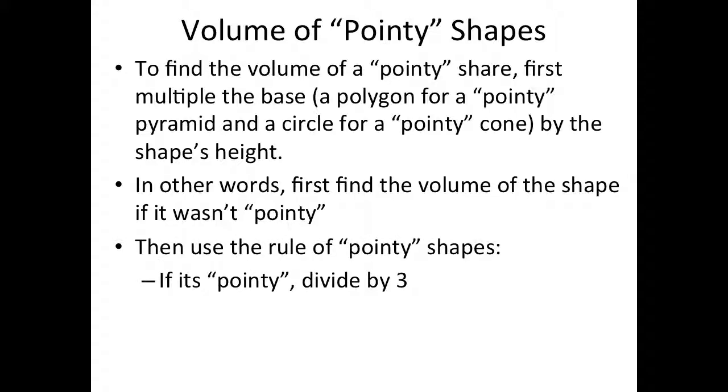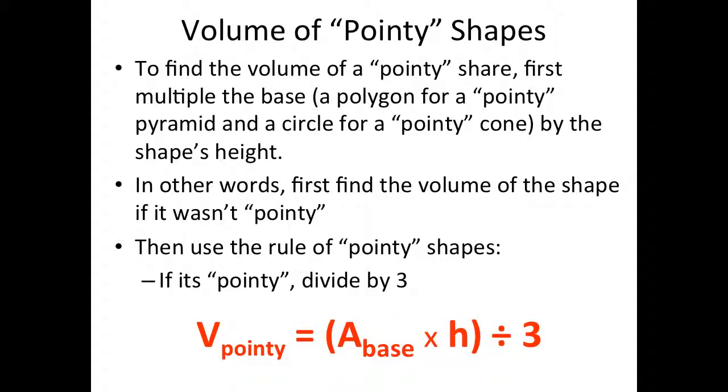And then you use what I call the rule of pointy shapes, which is if it's pointy, divide by 3. So to find the volume of either a cone or a pyramid, you find the area of the base times the height, again just like it was a cylinder or a prism, and then you divide by 3, and that'll give you the volume of any pointy shape.